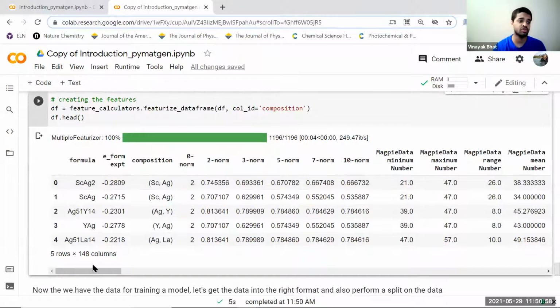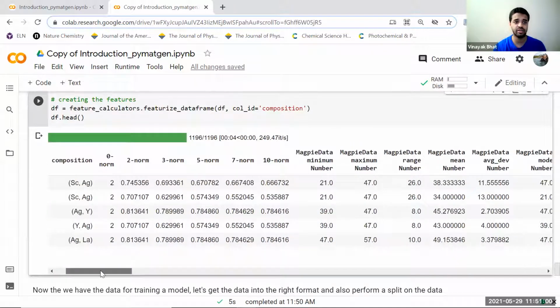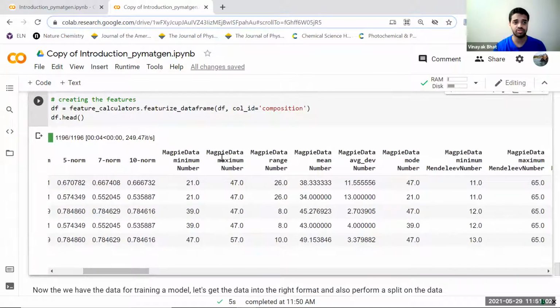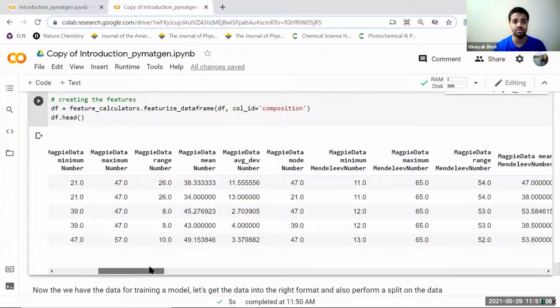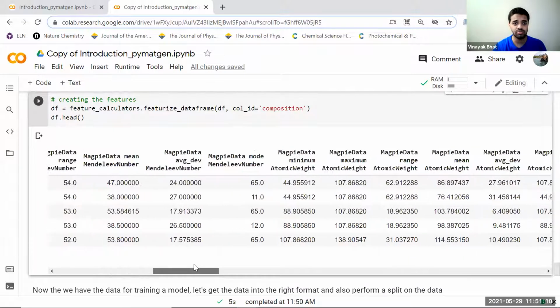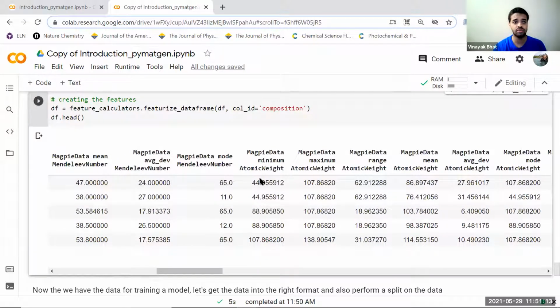There's something called norm that it has created, and some other things, maximum, number, range. You can go into the documentation and see what each one of those means, but some things would be more readily understandable. Something like there is an atomic weight for this, the maximum atomic weight.